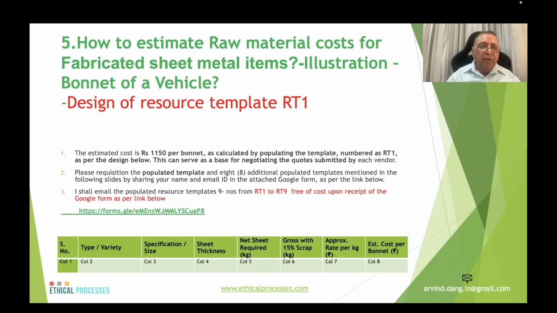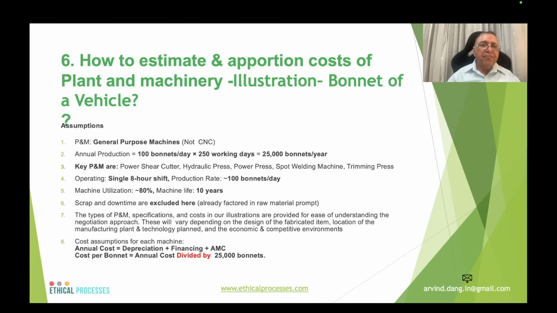I have attached a Google form which you can click and send to me, and the same working of this rupees 1150 will be emailed to you. And there are 8 more resource templates which I'll be sharing. Considering the complexity of the calculations and size, it is difficult to accommodate this in the PPT format.